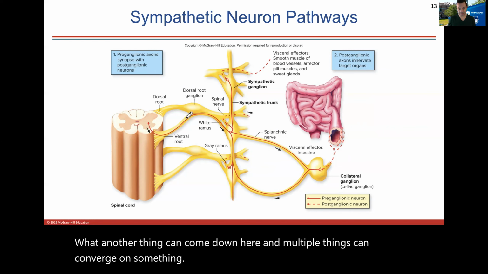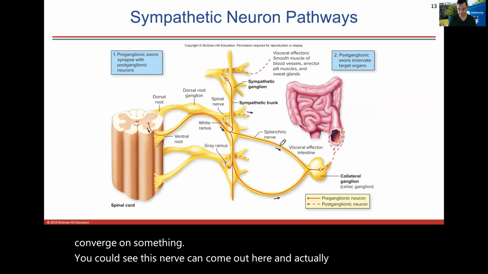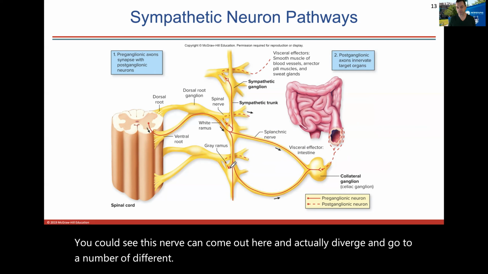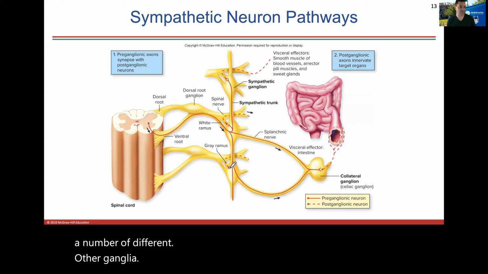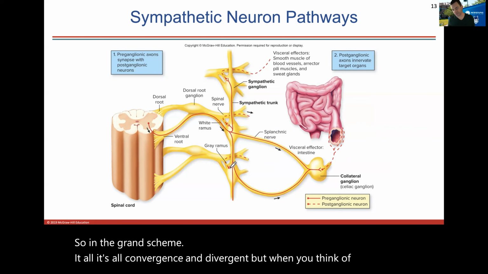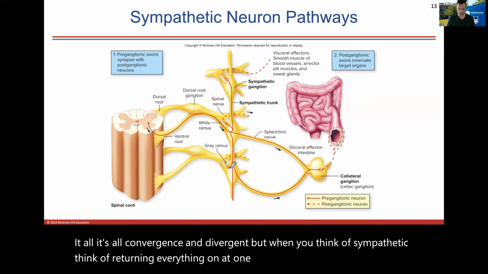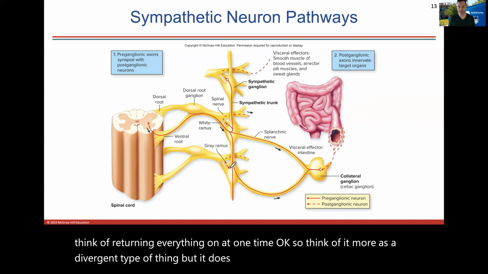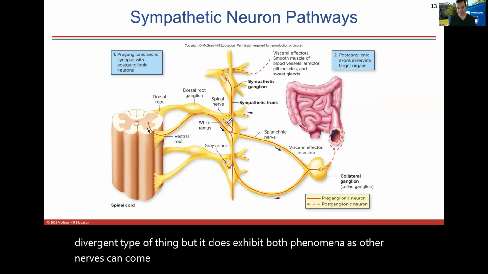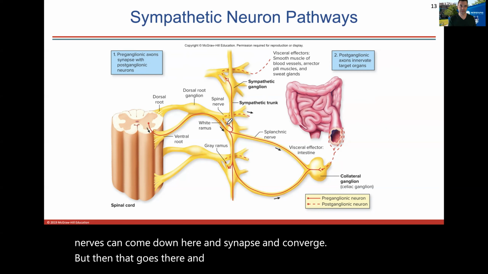You could see this nerve can come out here and actually diverge and go to a number of different other ganglia. And we have some divergence. So in the grand scheme, it's all convergence and divergence. But when you think of sympathetic, think of we're turning everything on at one time. So think of it more as a divergent type of thing, but it does exhibit both phenomena as other nerves can come down here and synapse and converge. But then that goes there, and so really, it is divergence.